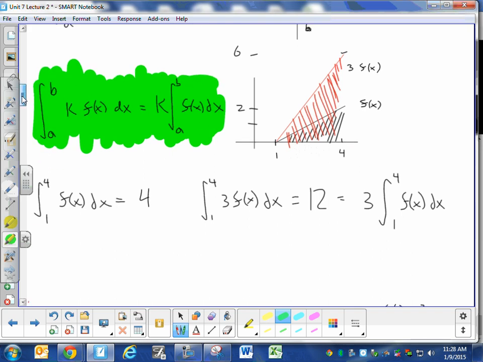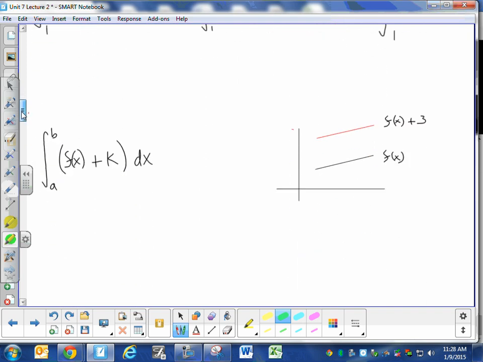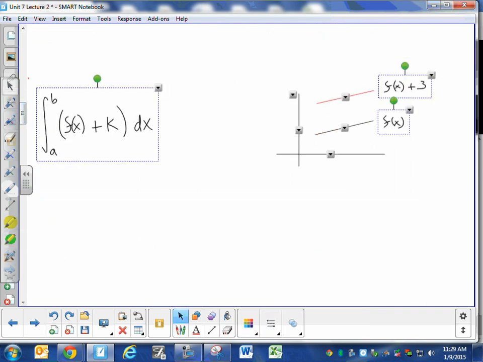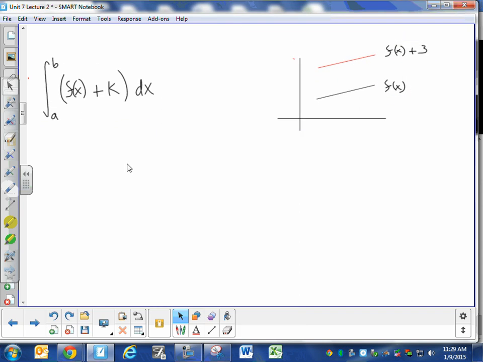Okay, so we multiplied functions by constants. What if we add constants to functions? What if I take every single function value, instead of multiplying it by a value, I add values? I add 3 to this function. Well, if we have an example, maybe that'll help.